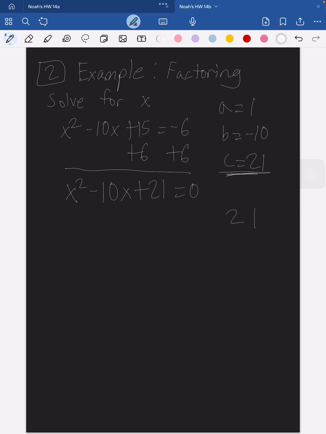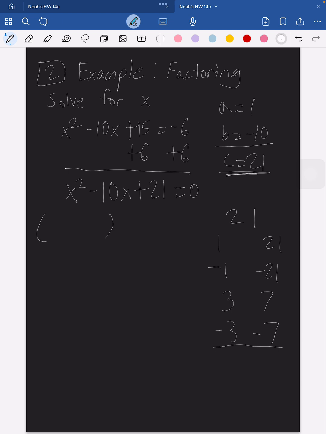So listing out our factors, we have 1 and 21, we have negative 1 and negative 21, we have 3 and 7, we also have negative 3 and negative 7. So we want to add these factors to where it gets us our b, which is negative 10. And which of these pairs is going to add to negative 10? It'll be negative 3 and negative 7, sorry. So negative 3 and negative 7 will be our factors.